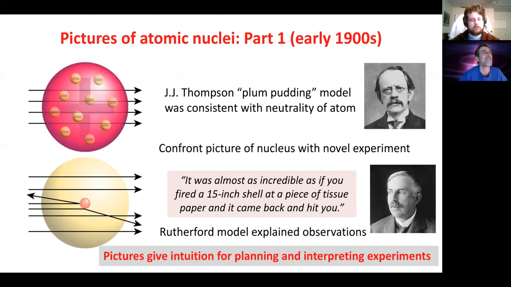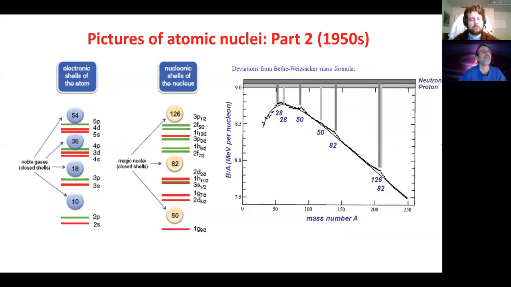So let's jump ahead 50 years. Okay. So now a lot of information has been learned about the nucleus. And in particular, one had information about the energy as a function of how many neutrons and protons. And there were certain blips in it that happened at various places. And this was also associated with the abundance of different elements that were noted.